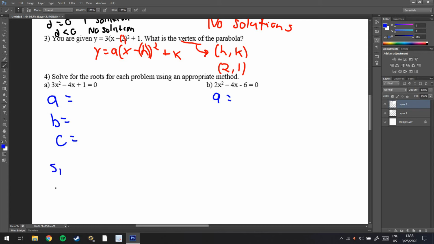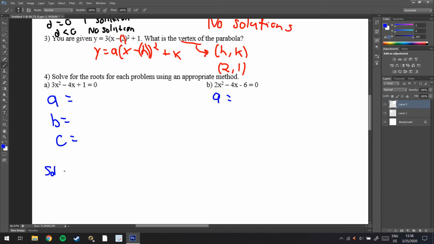So I'm going to do S1, and I'm actually going to write this as x equals, or we'll be consistent. We'll use S. I don't want to confuse us right now.